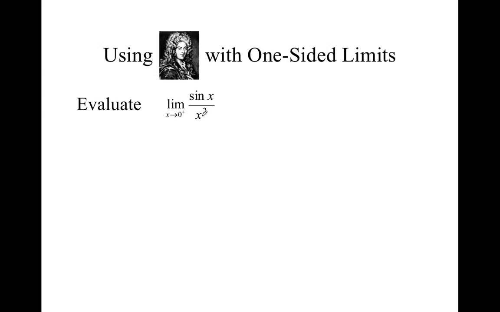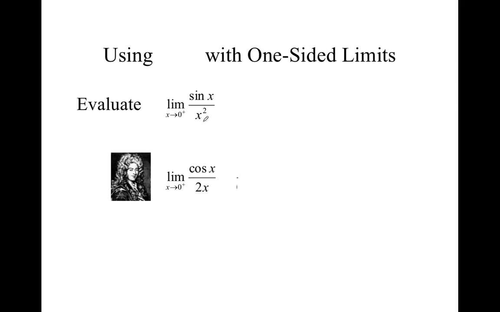Sine of 0 is 0 over 0 squared. I get 0 over 0. So I can take Guillaume, L'Hopital, bring him down here. Here's the derivative of the numerator. Take the derivative, and then re-plug in.